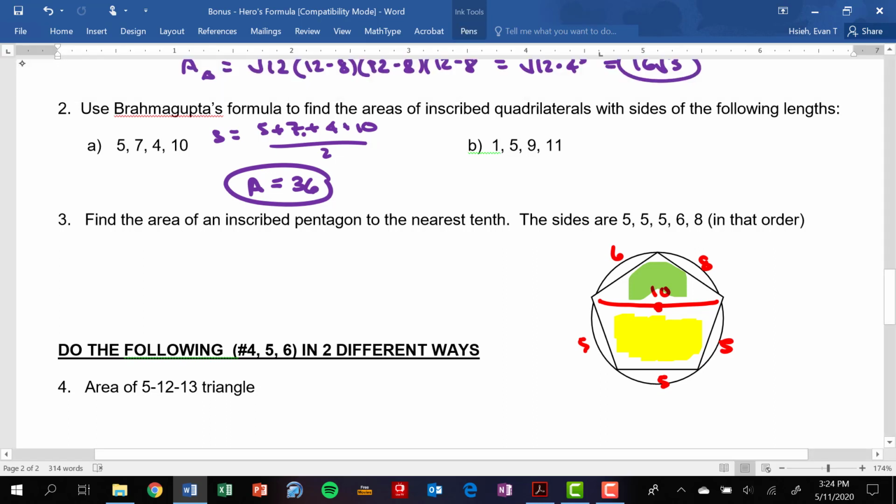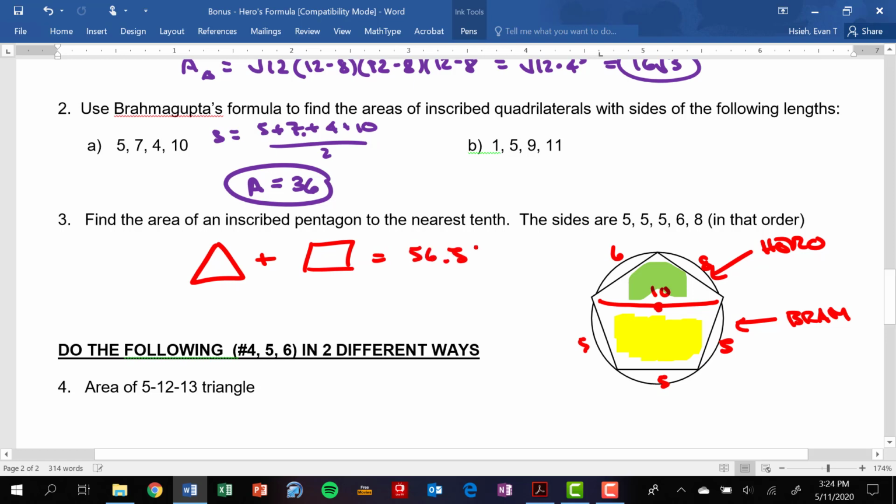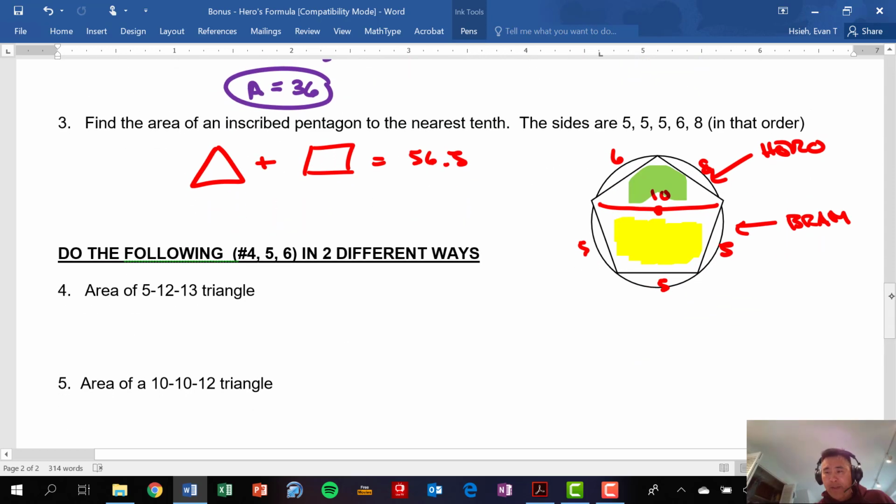I can do Hero's formula with this guy here, and I can do Brahmagupta with this guy. And hopefully you can see that you can get the area of the triangle, add it to the area of the quadrilateral, and you're going to ultimately end up with 56.5 when you plug it into the formulas. I'm not going to plug it into those formulas as it's not that difficult to do.